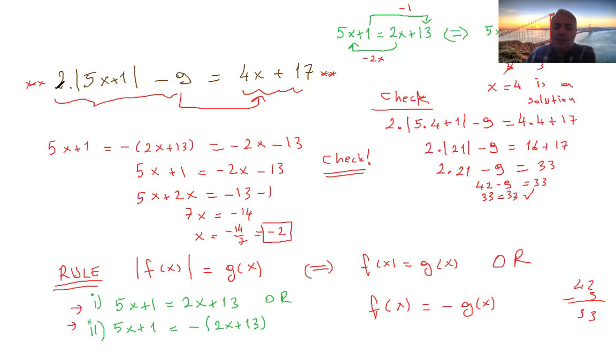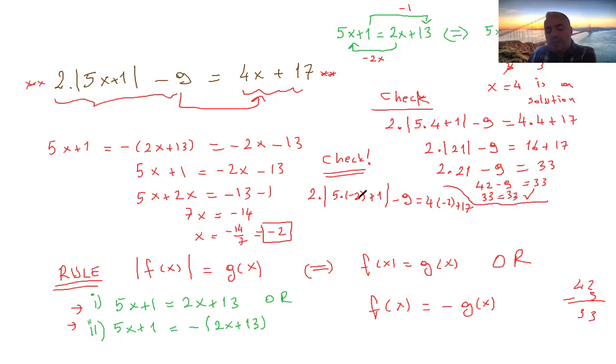How will I check it? In the original question, I will write it. 2 times the absolute value of 5 times negative 2 plus 1, minus 9, is equal to 4 times negative 2 plus 17.